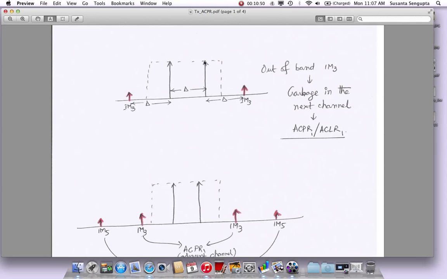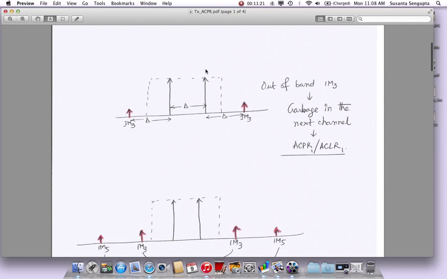What it means is, if you're transmitting at some power, your noise should be less than 33 dB with respect to your transmit power. If it is only 32 dB below, then you're violating the spec. So the specs on ACPR 1 and ACPR 2 are a measure of how much garbage you dump on somebody else.